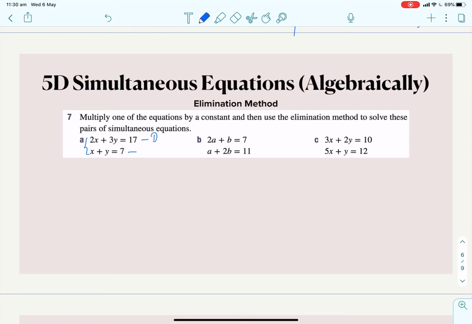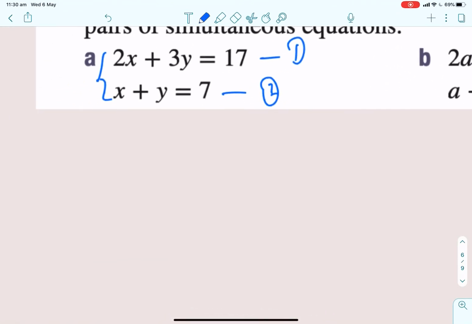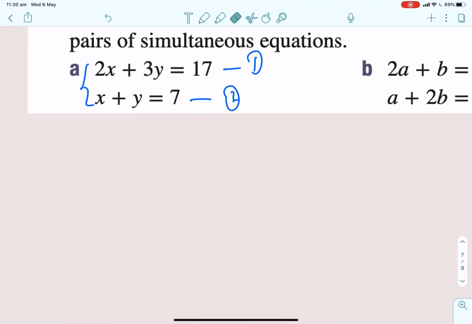I'm just going to label equation 1, equation 2 first, okay? 1 and 2. Now, for this one, you got 2x and x, and then you got 3y and y. Well, you can times the second one by 2 to match this, or you can times the second one by 3 to match this.